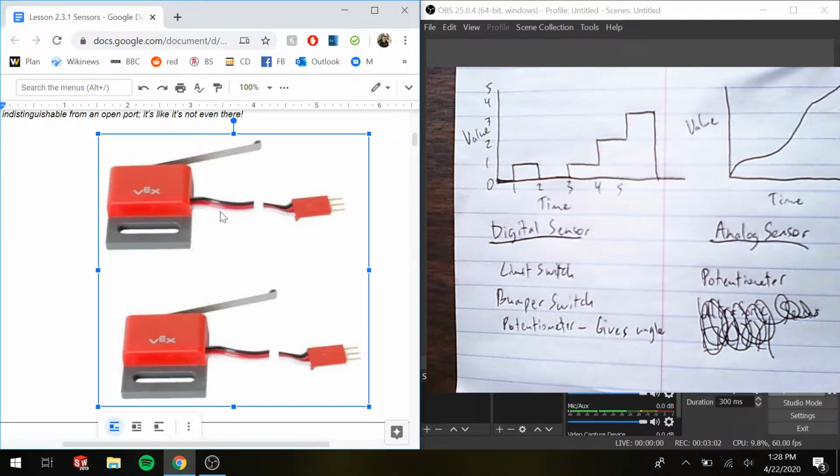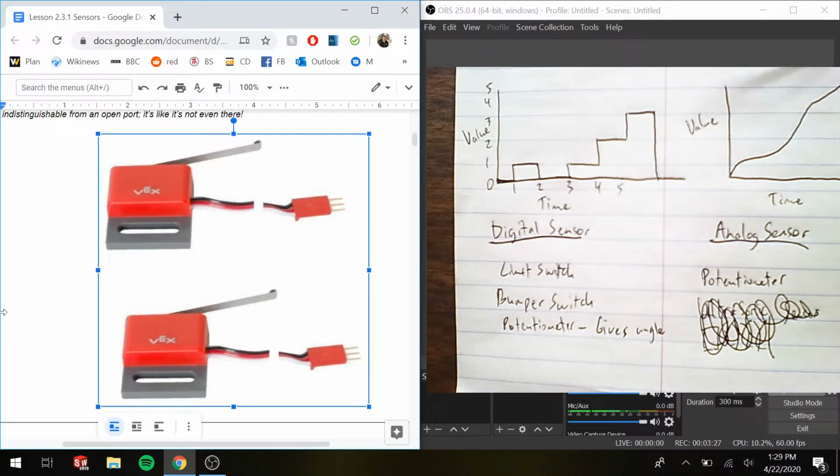Some other examples that I saw in your homework was a button on a controller someone put, and then someone else put buttons on elevators. I just saw a lot of people talking about buttons. Some other examples are like if a sensor just detects if there is light or isn't light in a room. That could be a digital sensor.